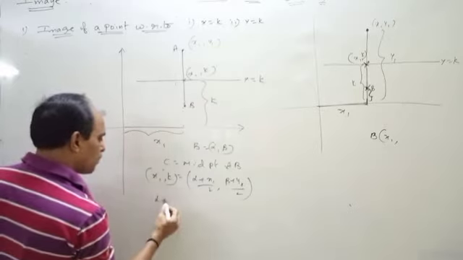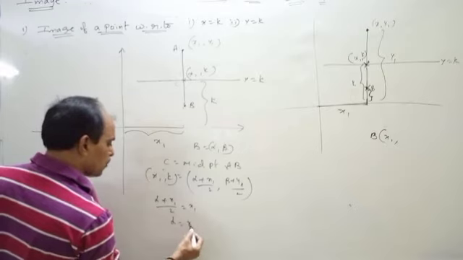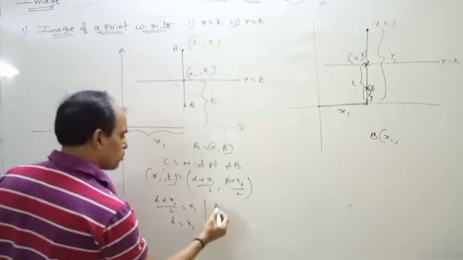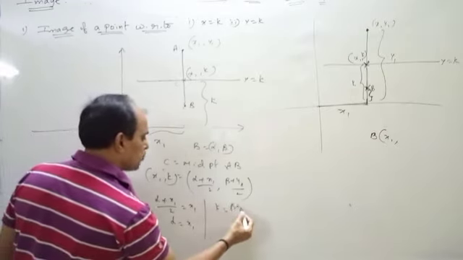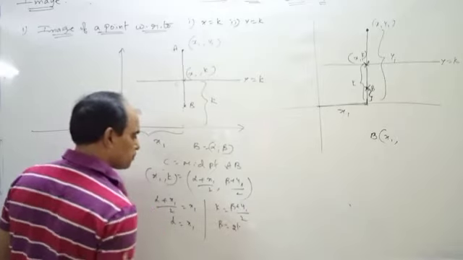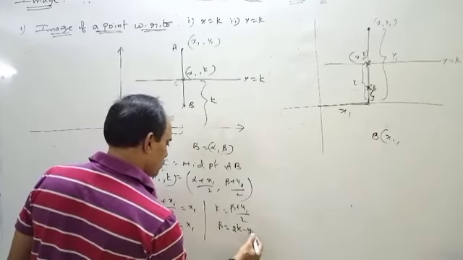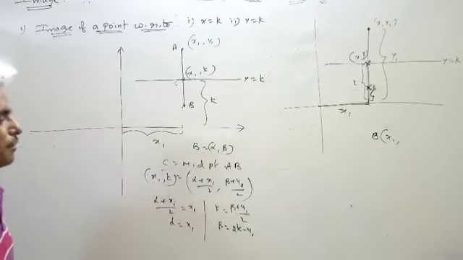So (alpha plus x1)/2 is equal to x1. Now alpha is equal to x1. Now k is equal to (beta plus y1)/2. Now beta is equal to 2k minus y1.